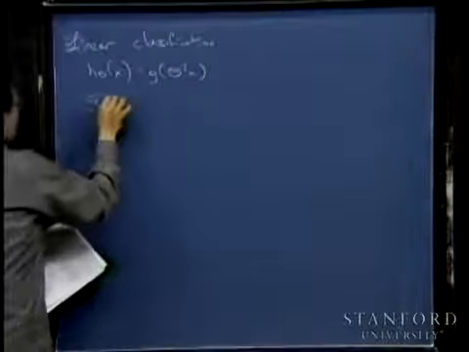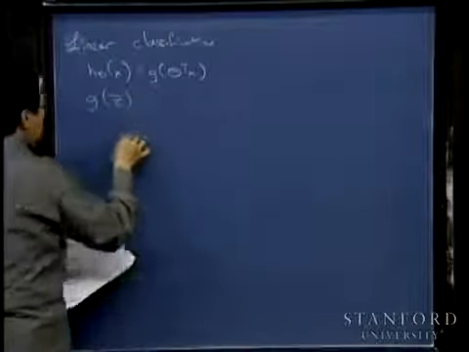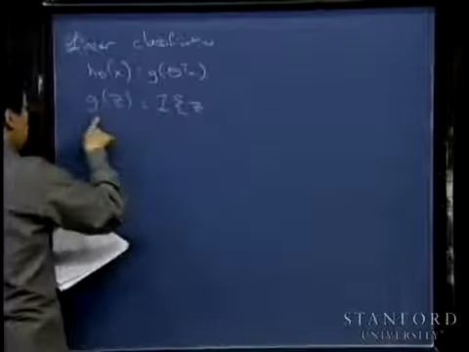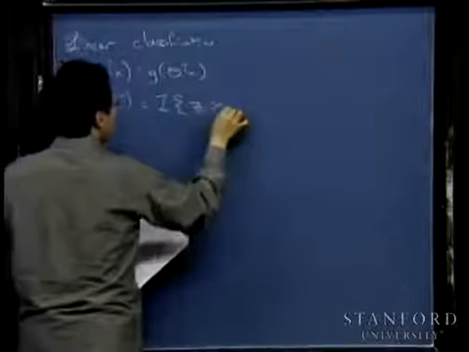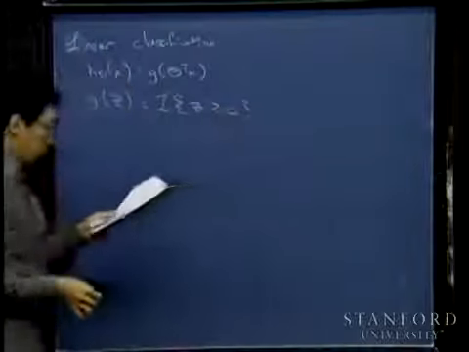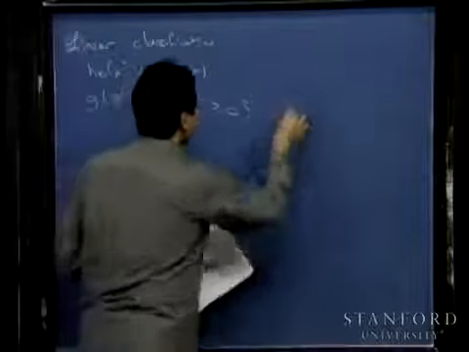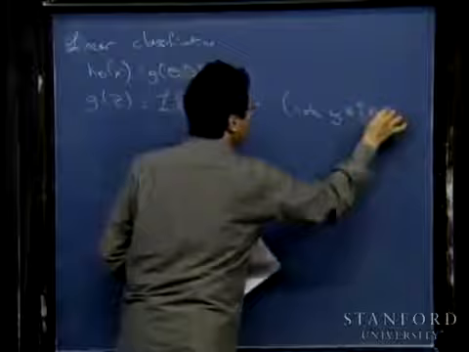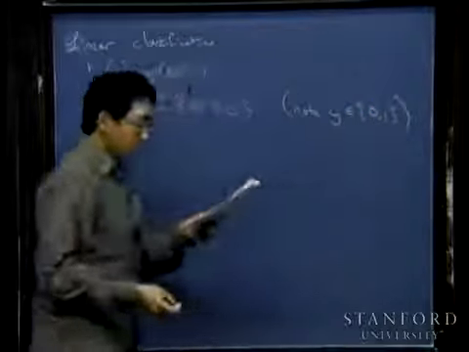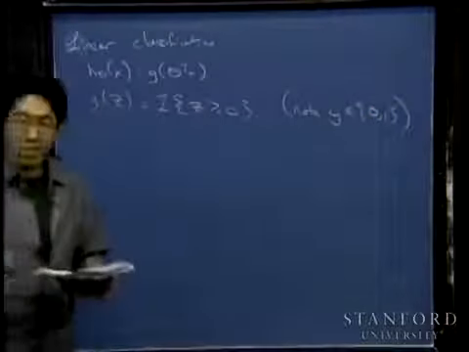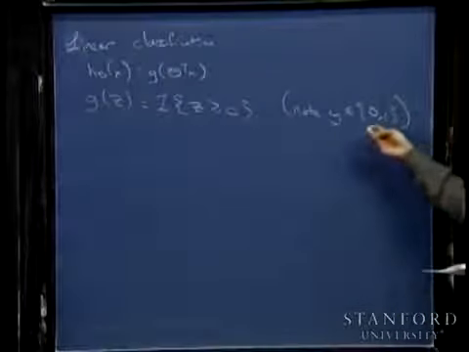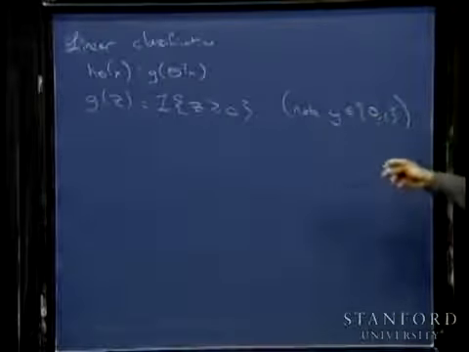And for this class, I'm going to use g as the indicator of z greater than or equal to 0. With apologies in advance for changing the notation yet again: for the support vector machine lectures, we used y equals -1 or +1.